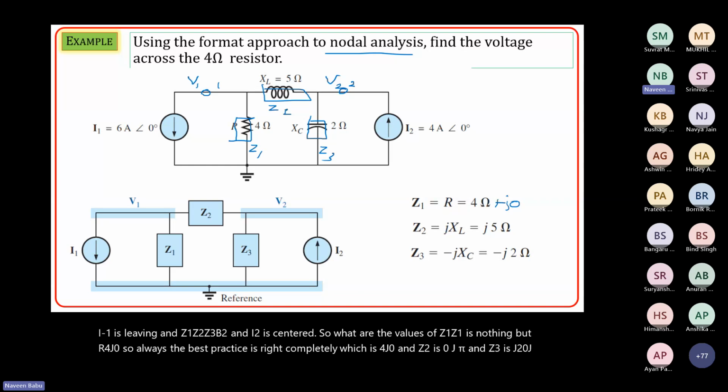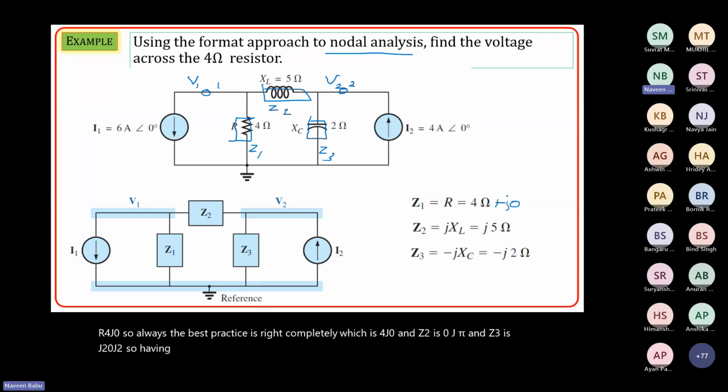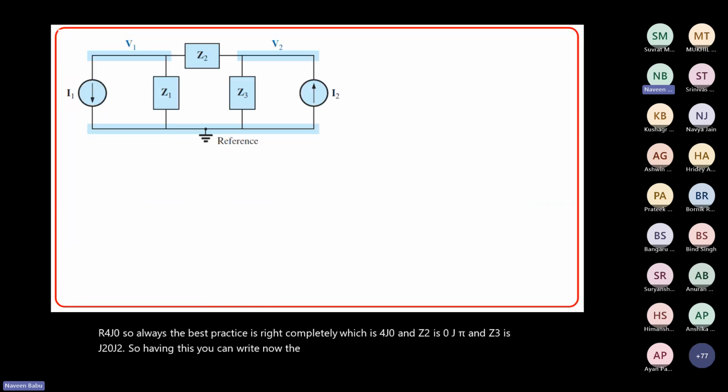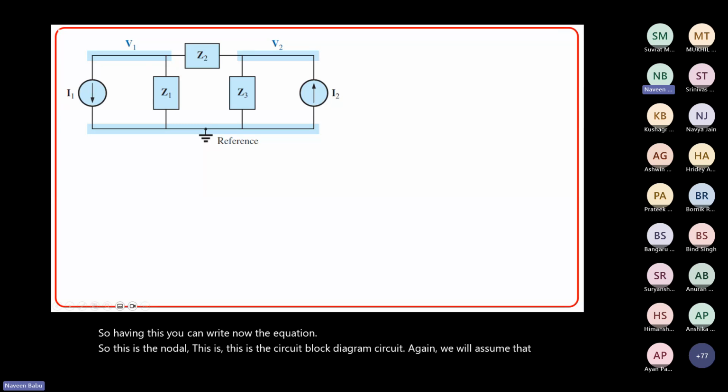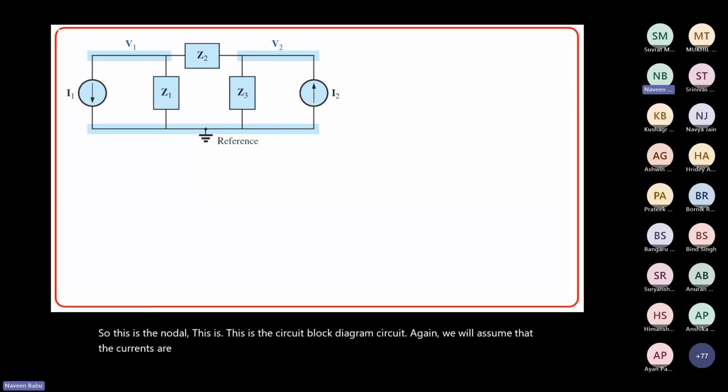Having this, you can now write the equation. This is the block diagram circuit. Again, we will assume that the currents are leaving node number 1 and node number 2.